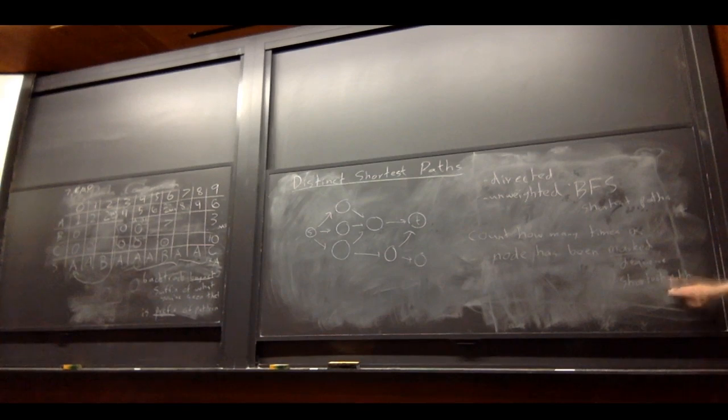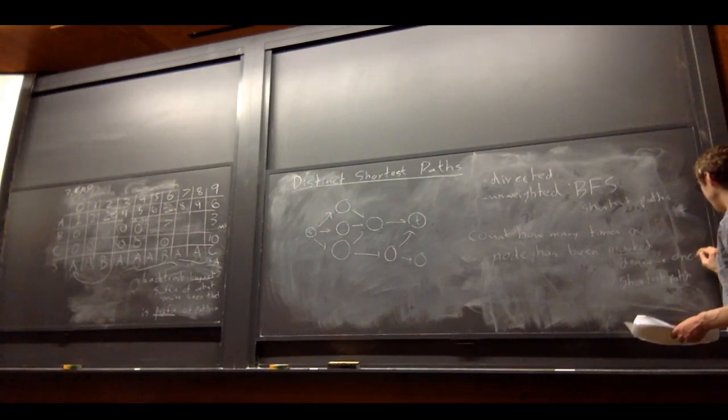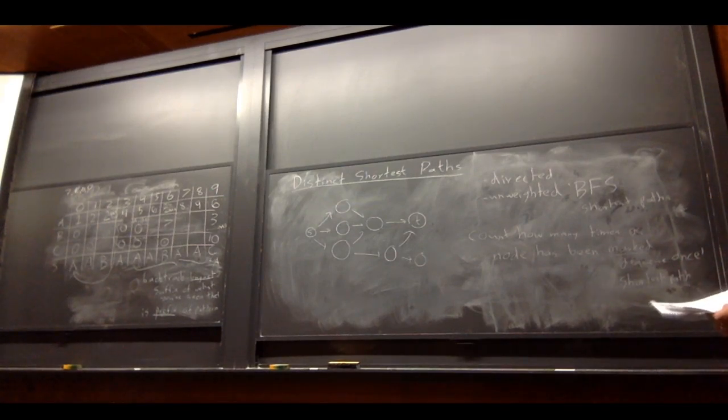And this is a really nice property of BFS because it means that we don't have to visit a node twice. Whenever we dequeue a node, we know that that is the shortest path to that node, and we'll never revisit that node. That's really useful for our runtime, because if we end up visiting a node multiple times, our runtime could grow much larger than V plus E. So we actually want to keep this property, that we're only going to dequeue a node once.